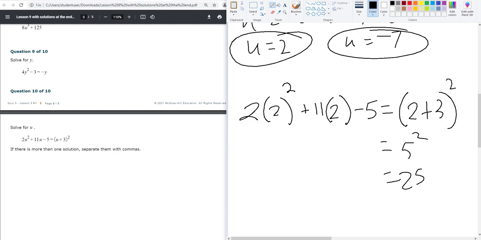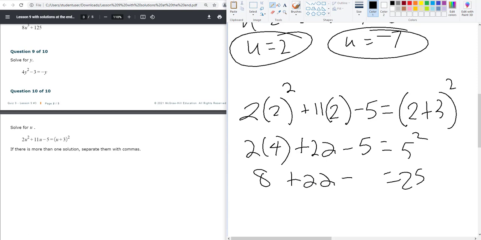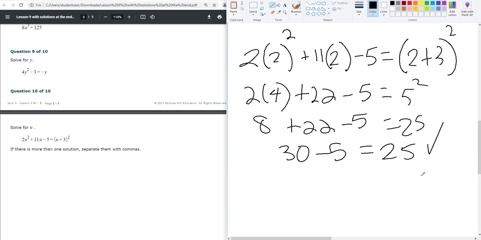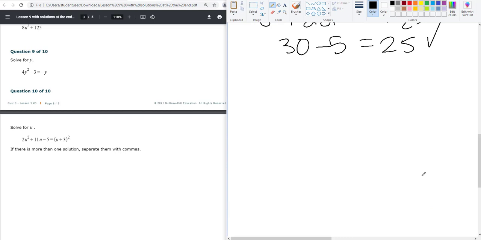That one's easy. This is 2 times 4, you got to follow your order of operations, plus 22 minus 5 is 8 plus 22 minus 5, 30 minus 5 is 25. That checks. Let's check negative 7.